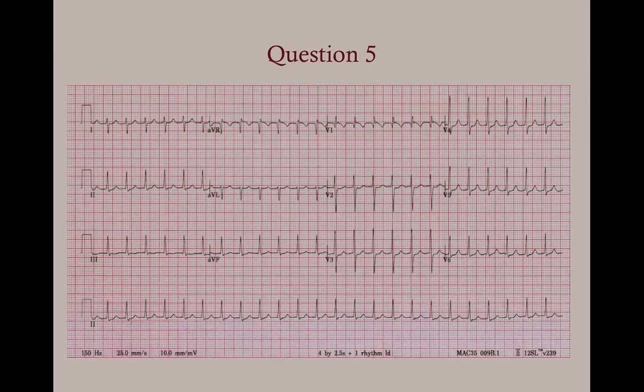But in this case, we have PSVT, paroxysmal supraventricular tachycardia. We have a regular rhythm, very similar QRS complexes. We've got ventricular repolarization here in the T waves, and we've got a very fast heart rate. So this is PSVT.